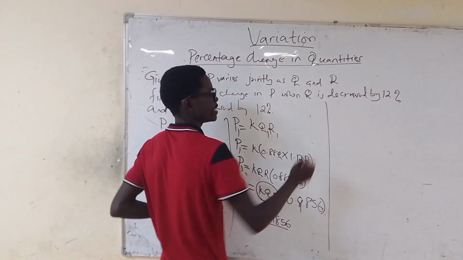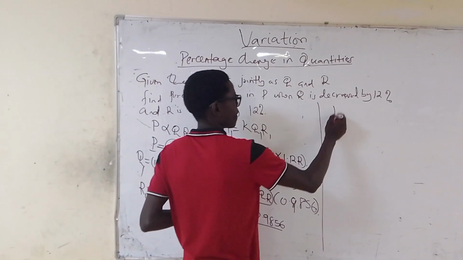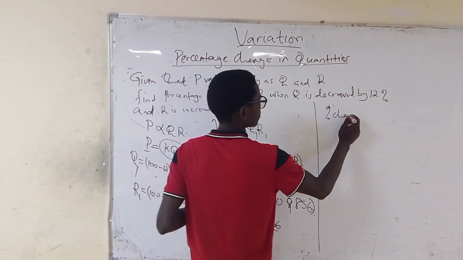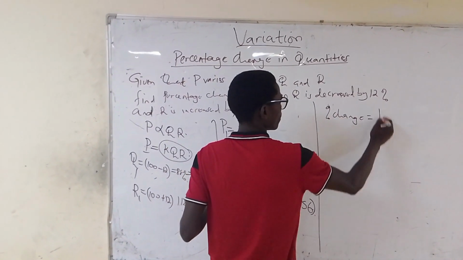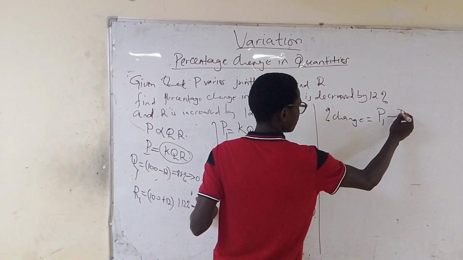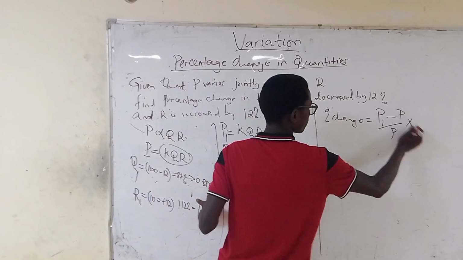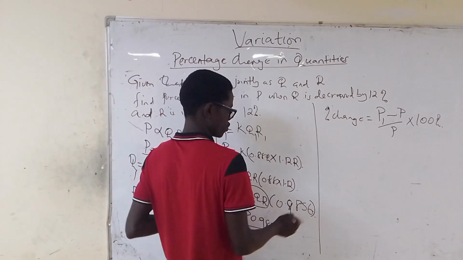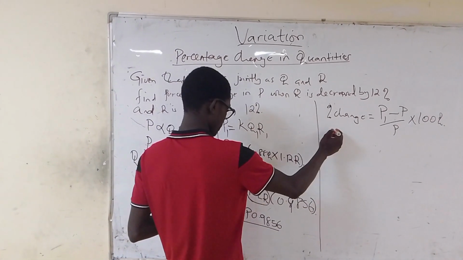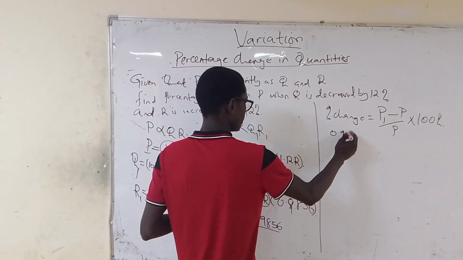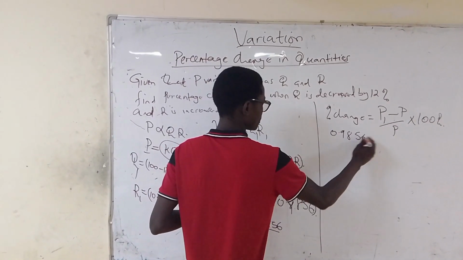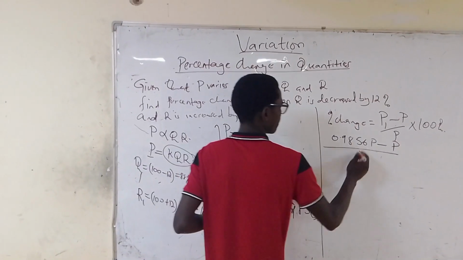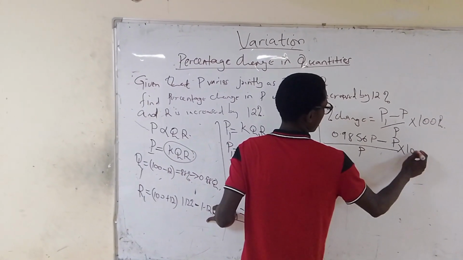So to get the percentage change in P, we say this percentage change equals P1 minus P over P multiplied by 100%. So P1 is 0.9856 P minus P over P multiplied by 100%.